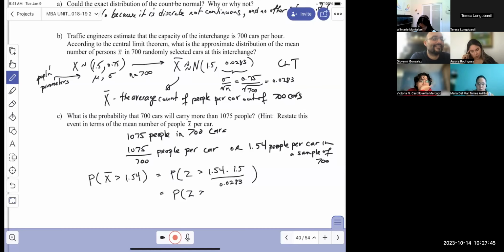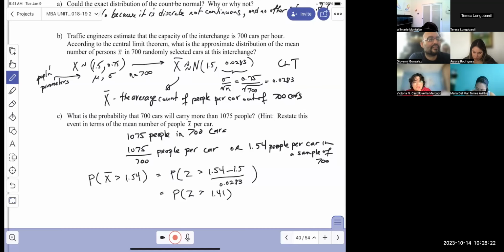Professor, it would be 1.41. Thank you. But we have to go look at the table. Yes.